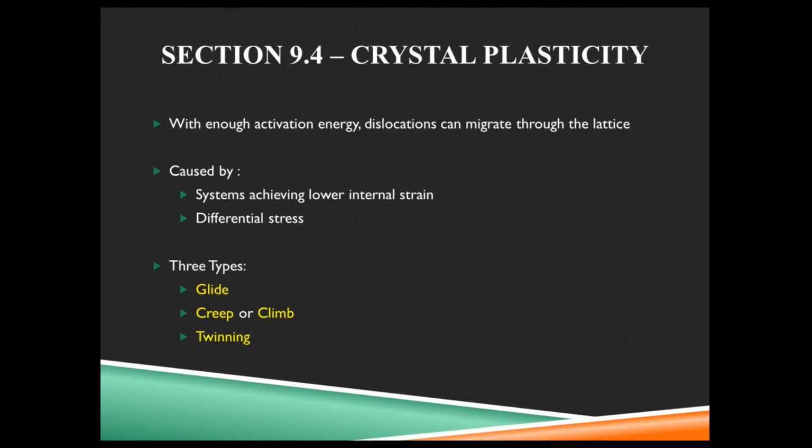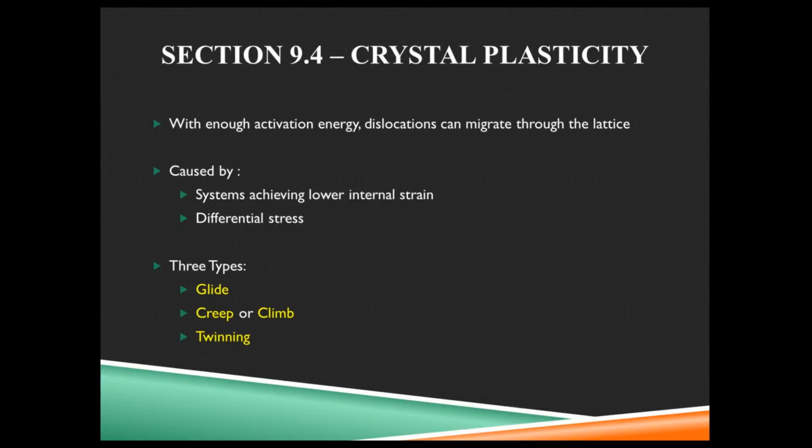And this is caused by a system achieving a lower internal strain. So if that imperfection moving makes the whole object have less strain on it, it relieves stress, then it's going to happen.